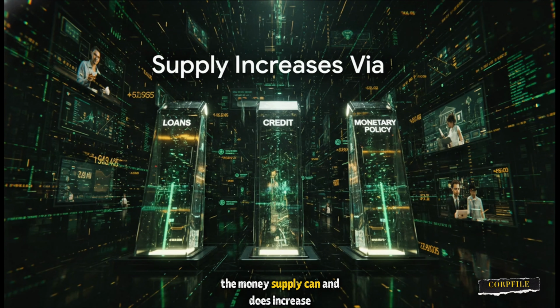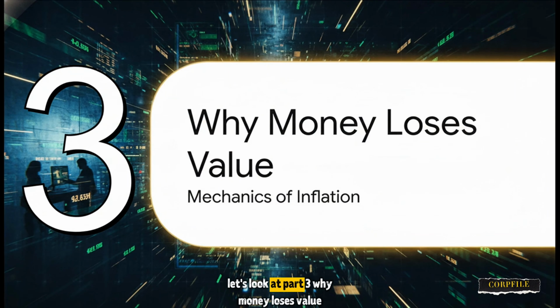The money supply can and does increase constantly. This happens primarily through 3 key levers: loans, credit, and monetary policy. Now, this constant expansion is exactly why economies are able to grow, but it's also exactly why major financial crises happen.